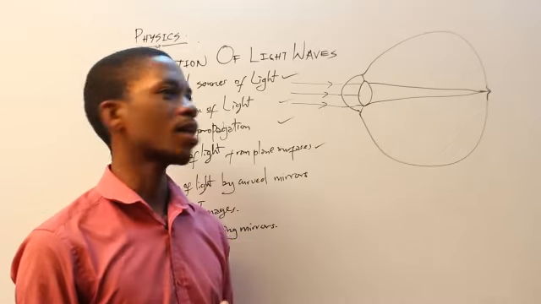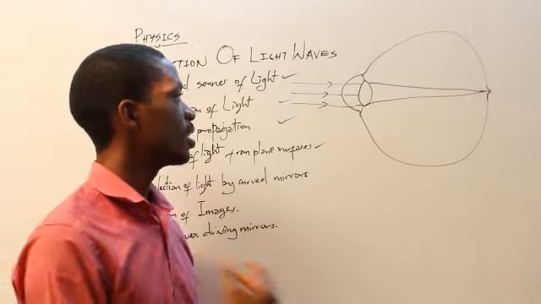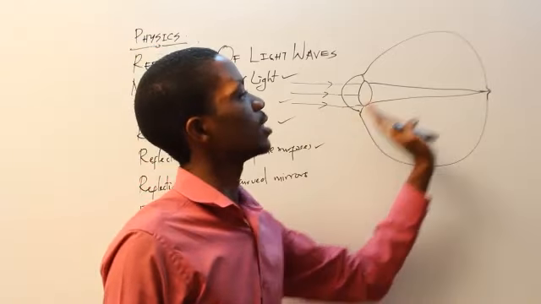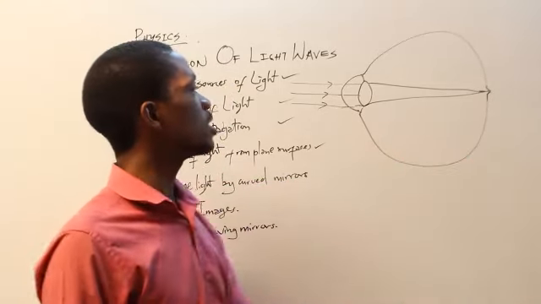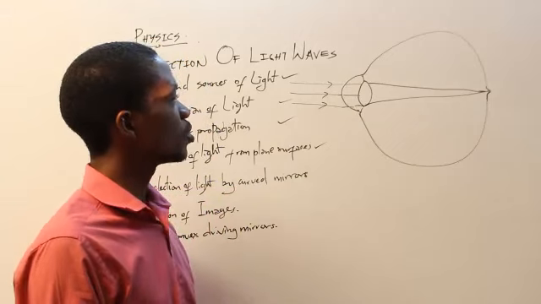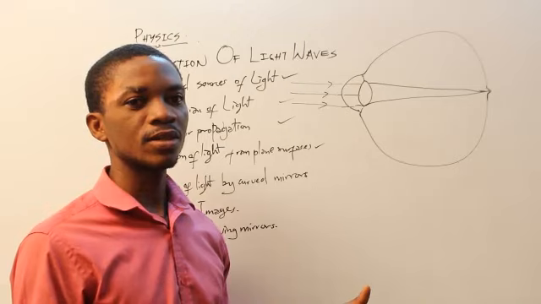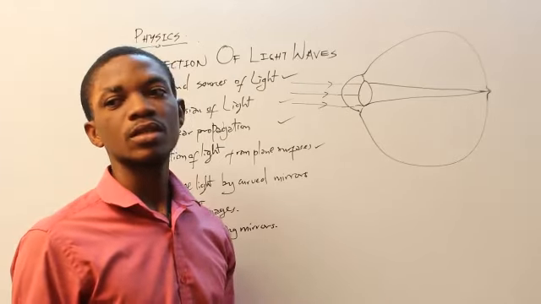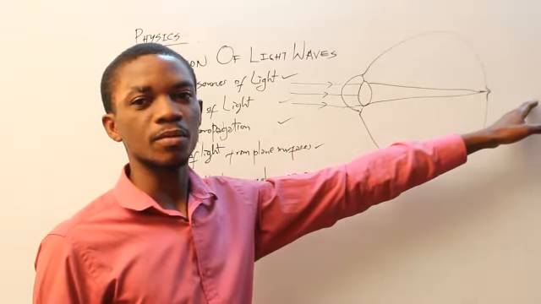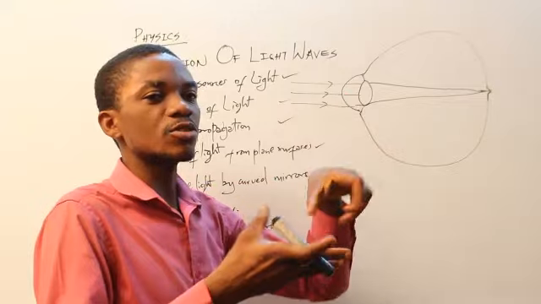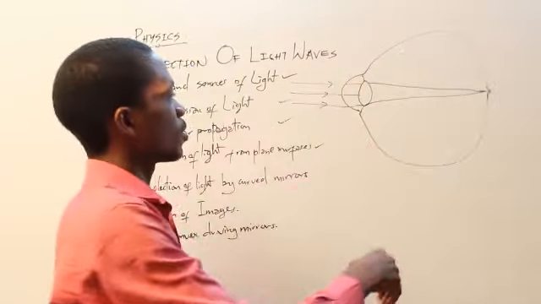In the case of people who have myopia, that is short-sightedness, the image is falling at the back of the blind spot. So they need something to bring the light together earlier so that it can fall on the blind spots.